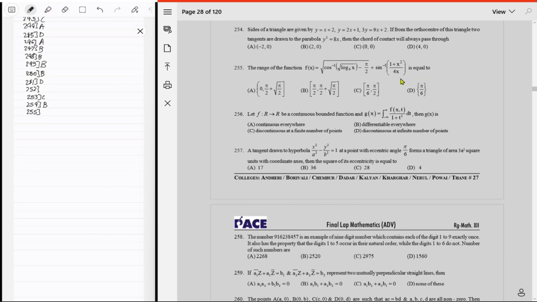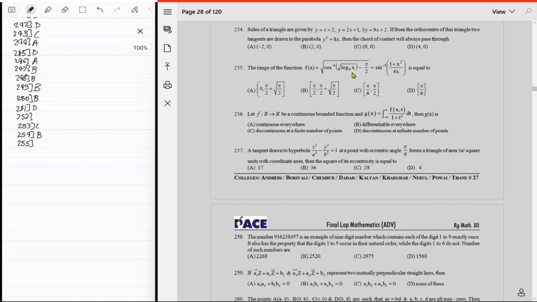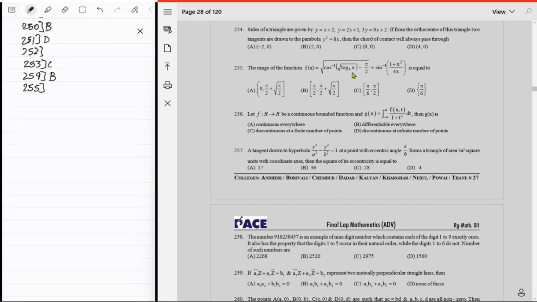Okay, is equal to, yes, what we do is find the range of sin inverse of (1 plus x) upon 4x. Look at its domain first. So first we're talking about log base 4 of x, and that's inside of cosine inverse. God, this is something weird, isn't it? So this is first inside the square root. This is not making sense.